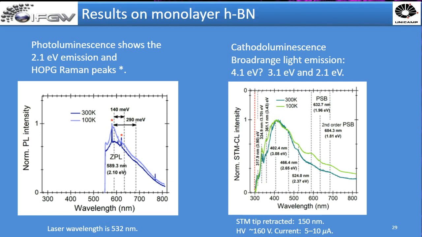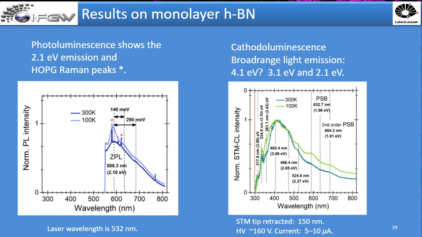And you could not see some excitation of these defects due to the tunneling current, but we could do cathodoluminescence, and it's a different approach of using this setup, but it's very straightforward.